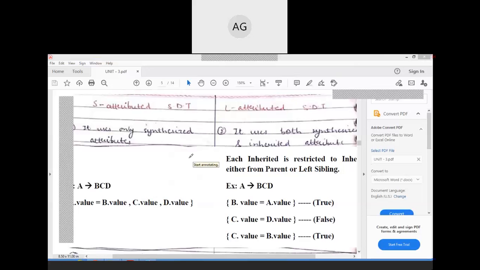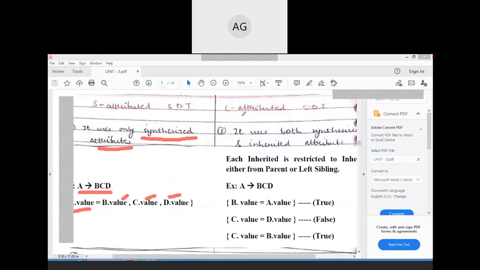We are going to differentiate between them. In the case of S attributed SDT, it uses only synthesized attributes. We already studied it. For example, for a production A produces B C D, the value of A is dependent only on its children, like the value of A depends only on B, C or D or their combinations.